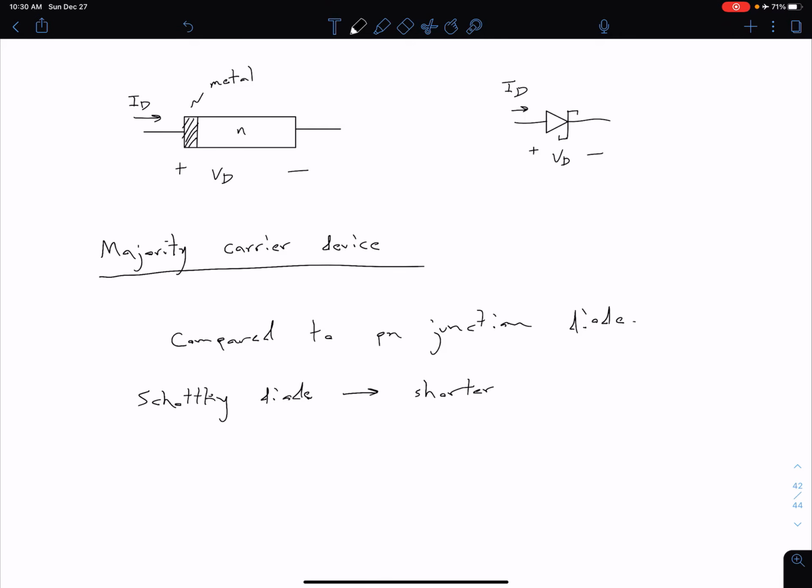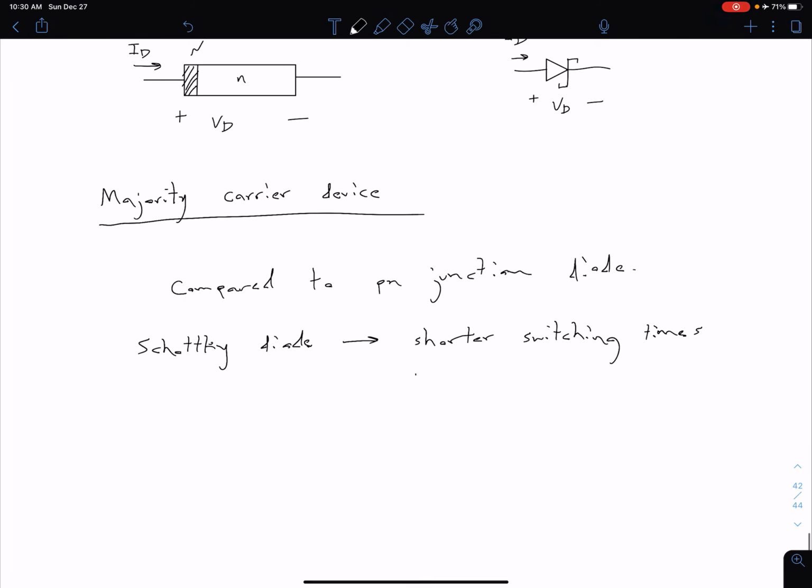If we're dealing with high frequency applications, of course that is something we are interested in. It's also going to have a higher reverse saturation current. To be really explicit, I'll say magnitude of reverse saturation current, because of course it's not getting positive.